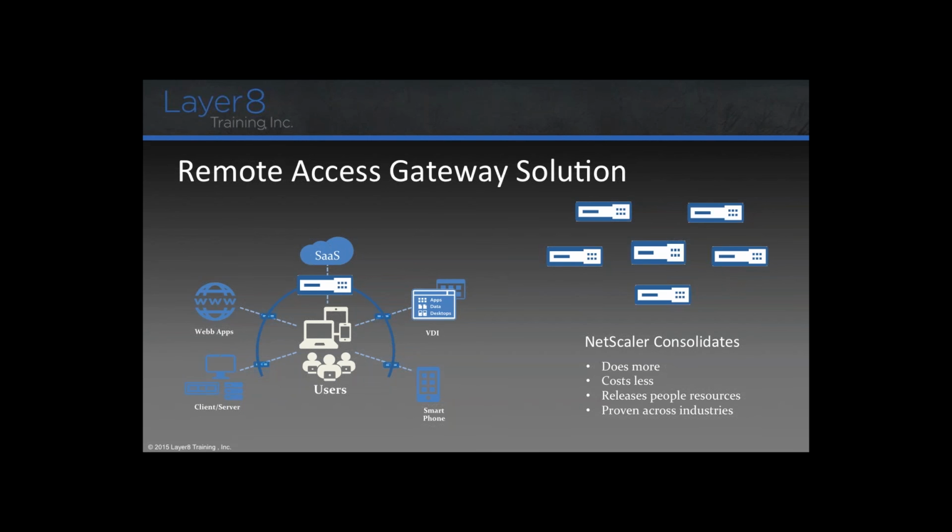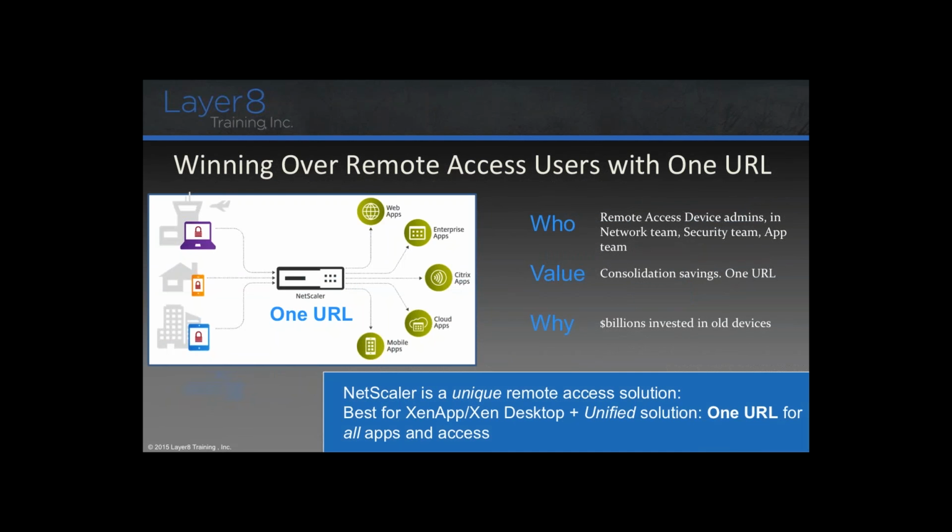We're going to offer load balanced applications served through the NetScaler load balancing vServers, as well as access to XenApp and XenDesktop published resources. So we're winning the race here with our new Unified Gateway because we have one URL. This is certainly going to be your best strategy for any kind of XenApp, XenDesktop environments. So you're going to have one single URL for all applications and all access within your entire environment.